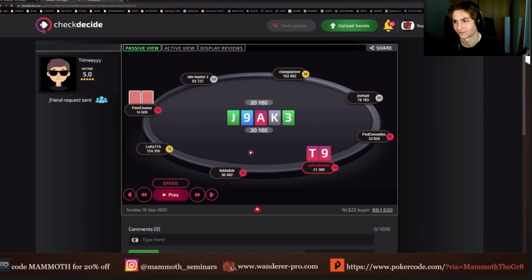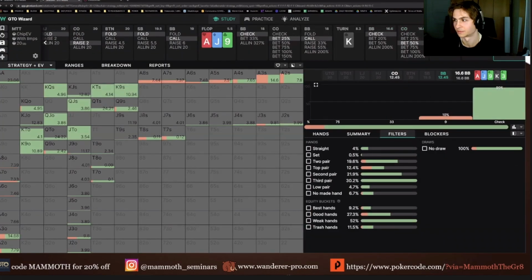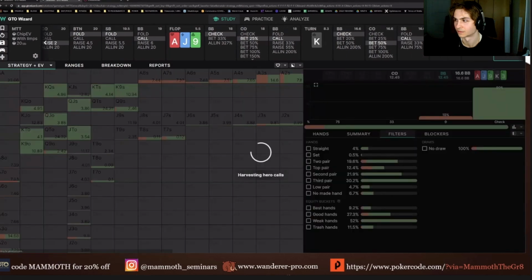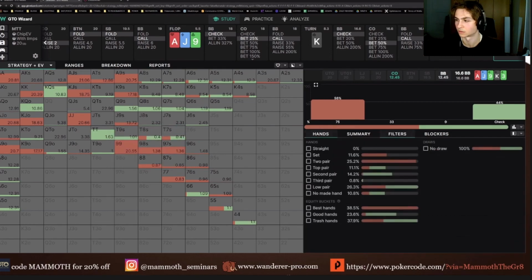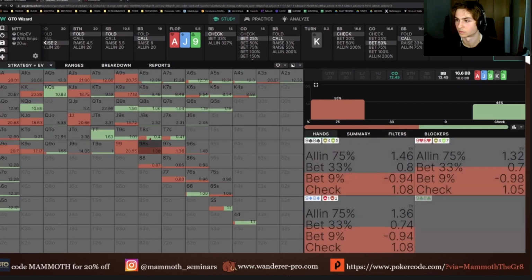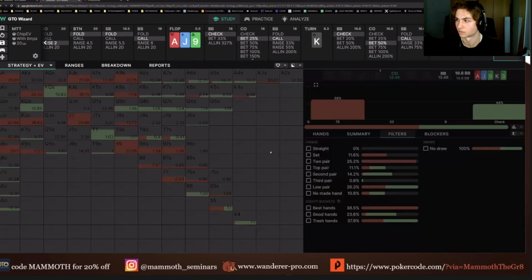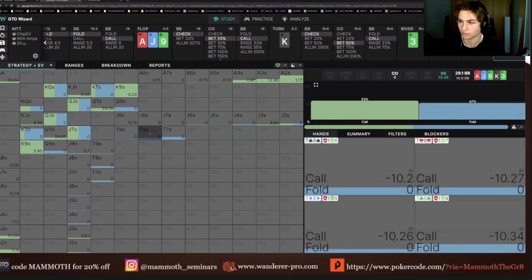The solver is quite sticky with a hand like 10-8 on a turn. In equilibrium, your hand has a check EV of almost one big blind. It doesn't bluff. But you need to think about how much equity you have, like what are the hands that I can beat?